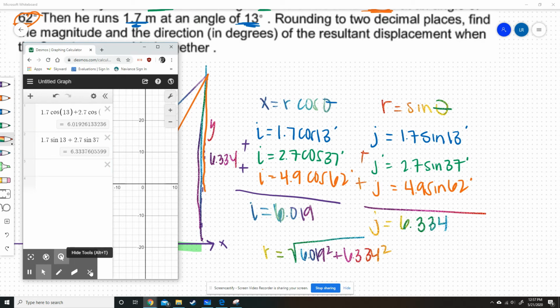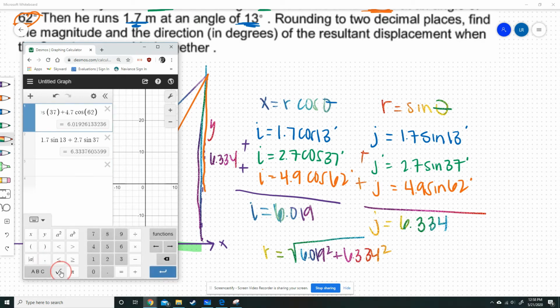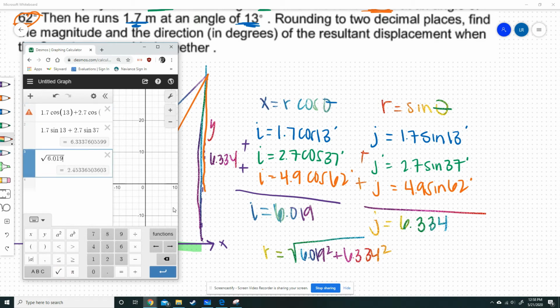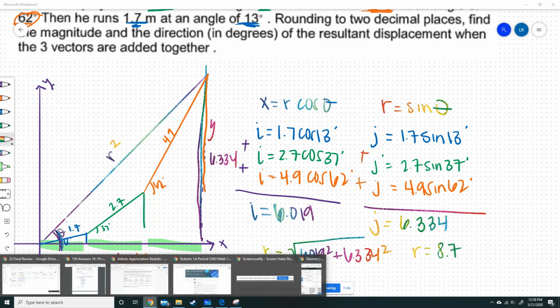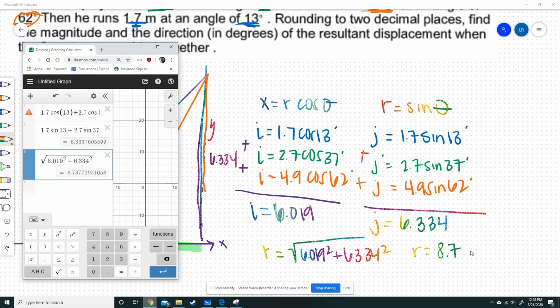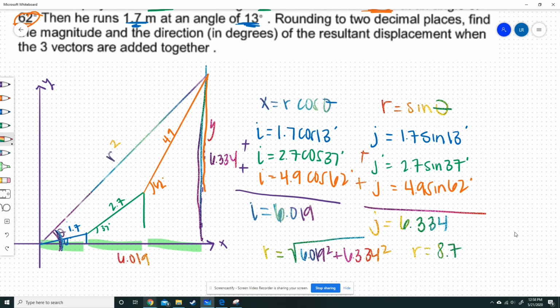So we have the square root of 6.019 squared plus 6.334 squared, and we get 8.738.